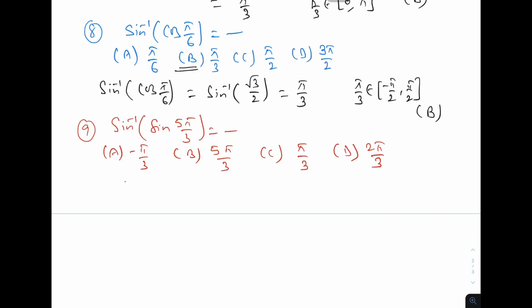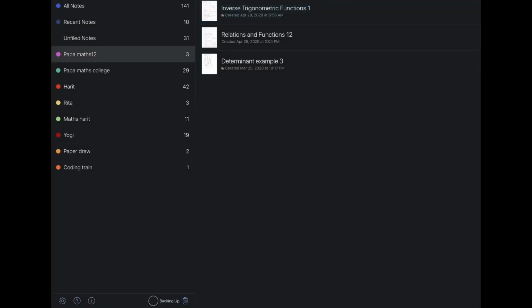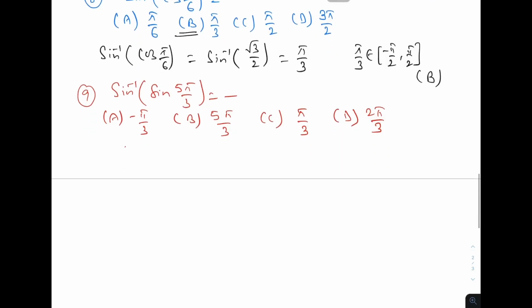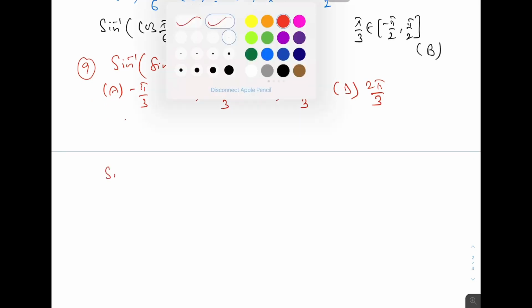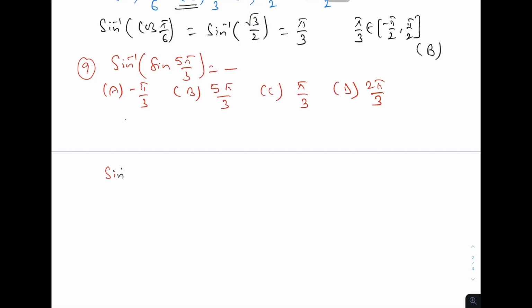Now we know that sine inverse sine 5 pi by 3. You cannot write directly 5 pi by 3 because 5 pi by 3 is not in the interval minus pi by 2 to pi by 2.